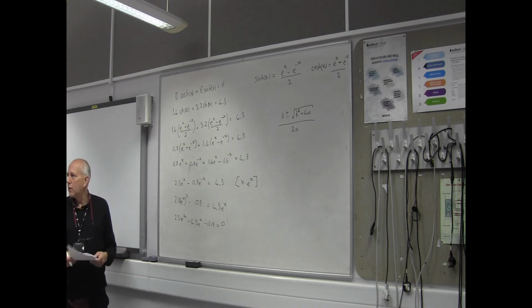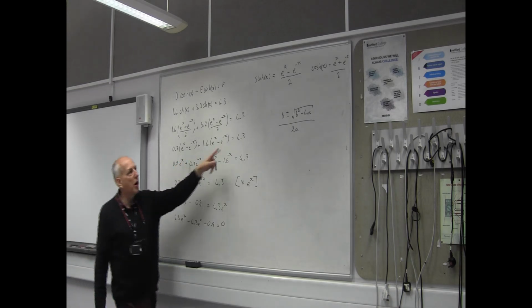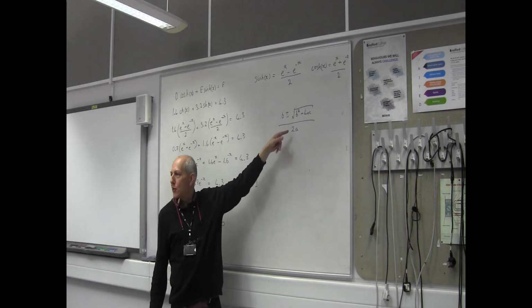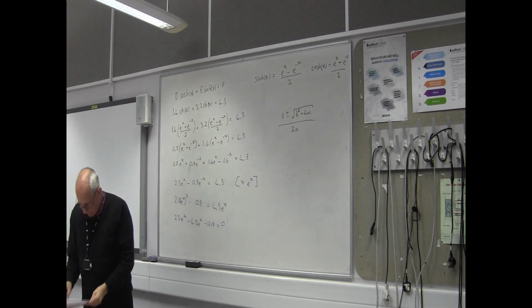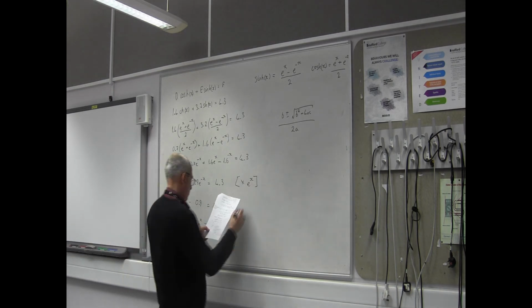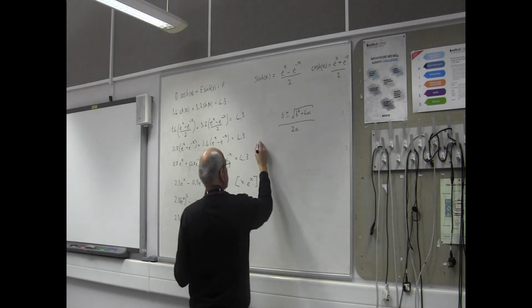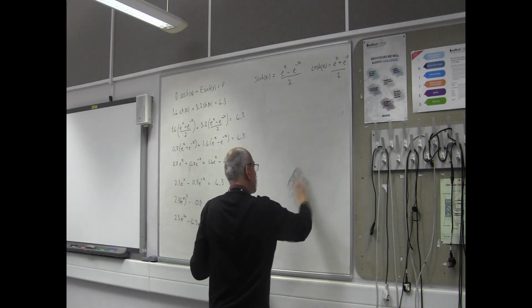So I reached for my little app again, my little formula on my phone for solving quadratics, or you can do it all in your calculator and risk getting the wrong answer. Okay, the answers you get for this are e to the x. I'm going to rub that off because I need the space. You know that formula.